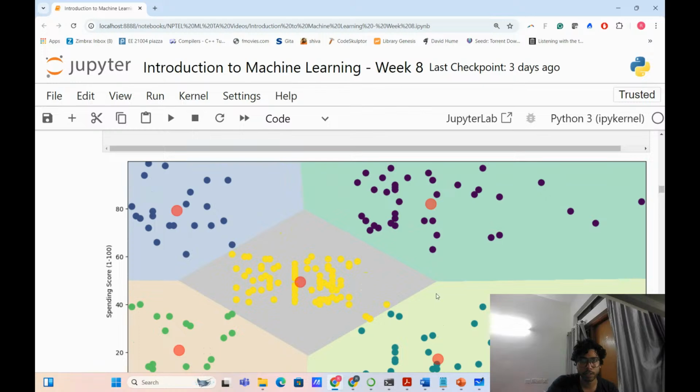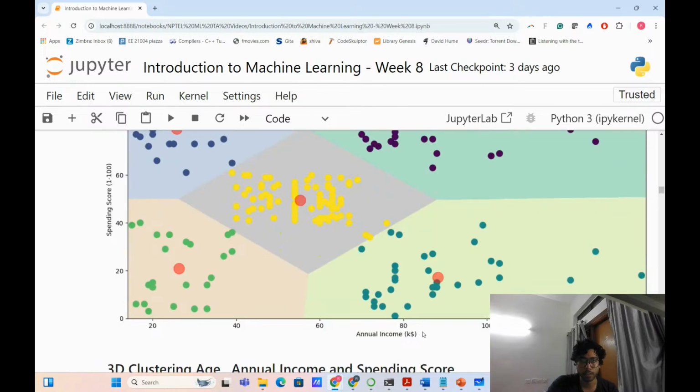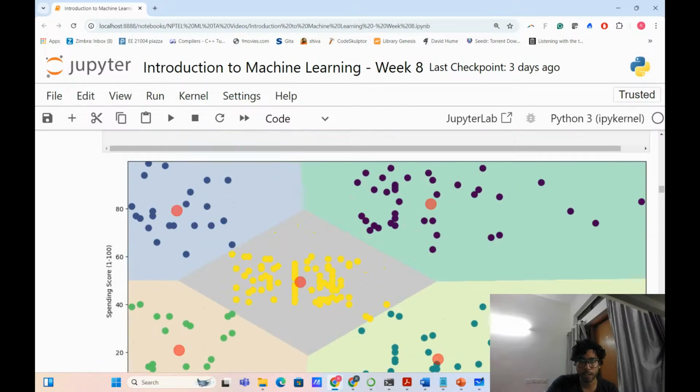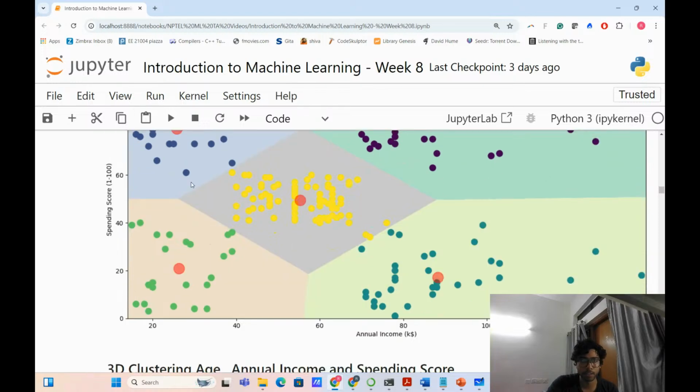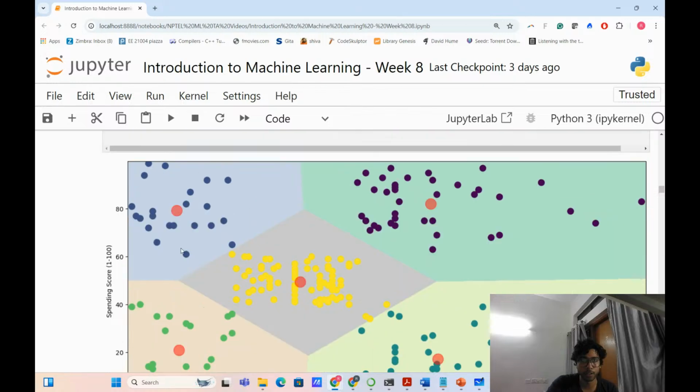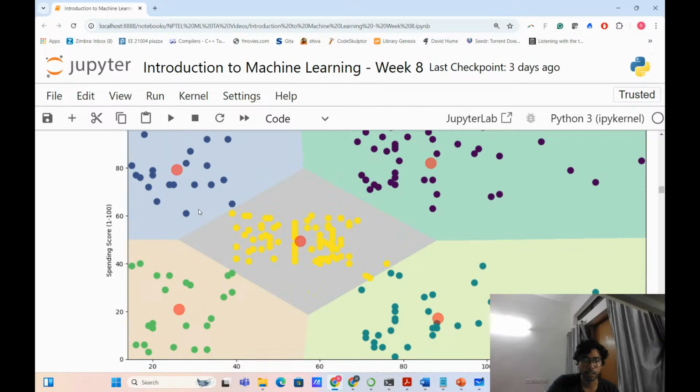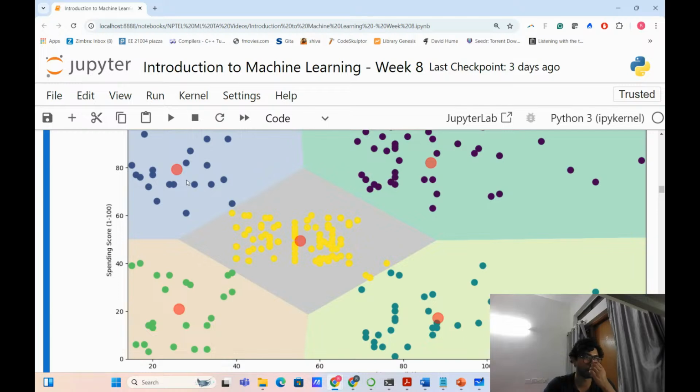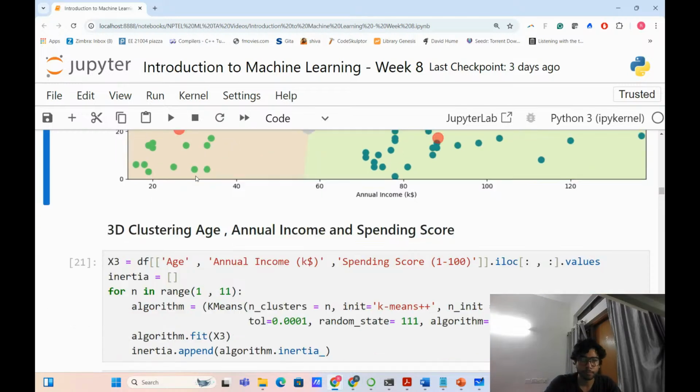So for example, these are the people with higher annual income and higher spending scores. These are the people with lower annual income but high spending scores, right? Depending on your problem statement or market idea, you can cater to a particular cluster of customers, right?